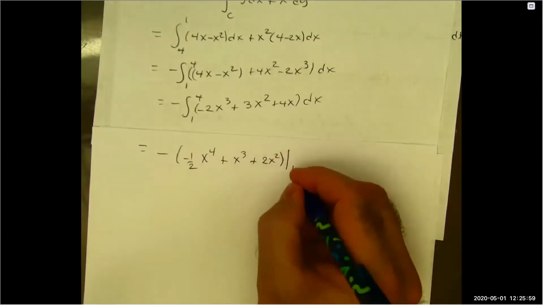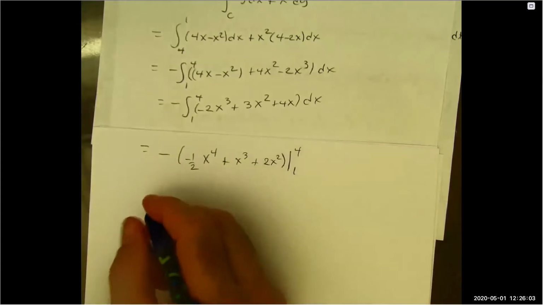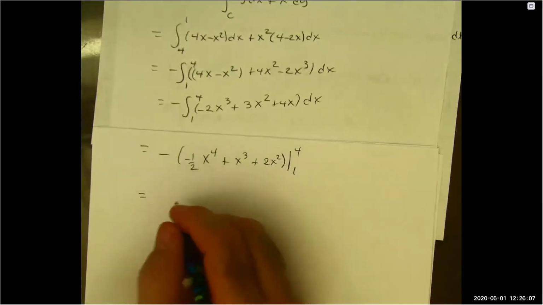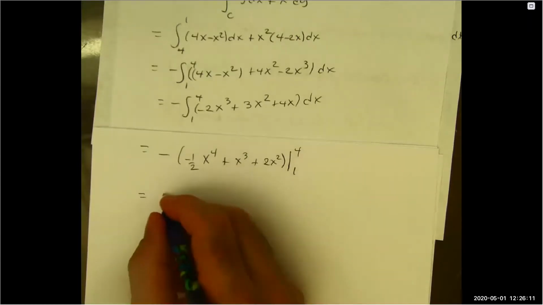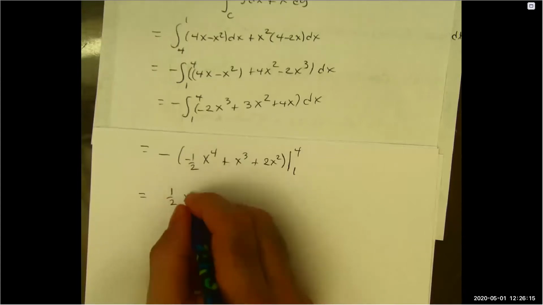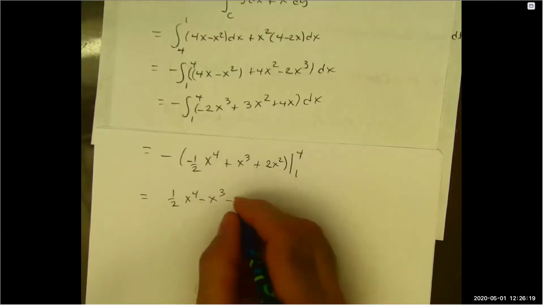And we're going from 1 to 4. And so here, when we put this in, let's go ahead and distribute the minus. So when we put in the minus, we're going to have 1/2 x to the 4th minus x cubed minus 2x squared.